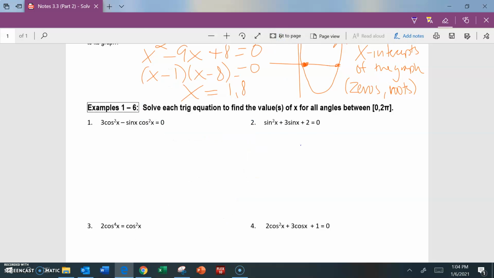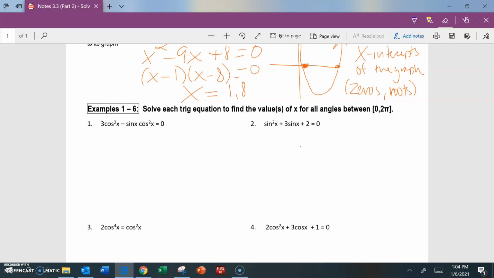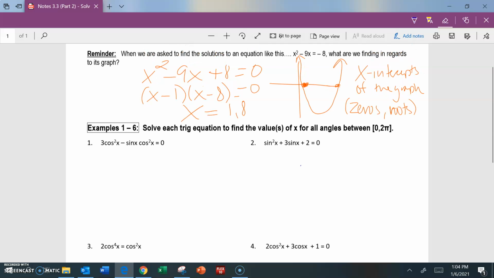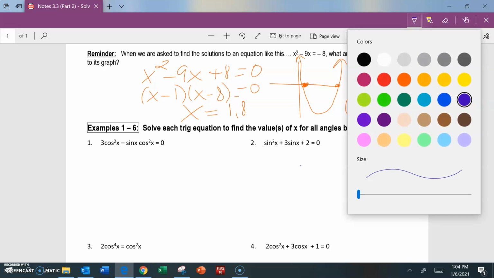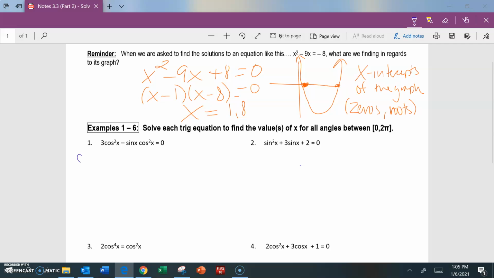I want you to remember that when we come back to example one, and I can pull this back up. So what we're going to do is solve these six examples by just factoring. In number one, just as you did, we always want to look for a GCF first. So I think if we pull out the cosine of x, we want to factor out cosine squared of x.